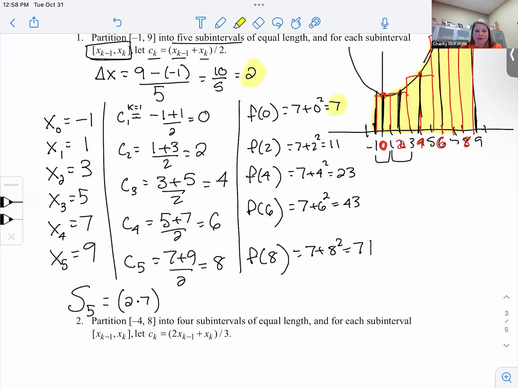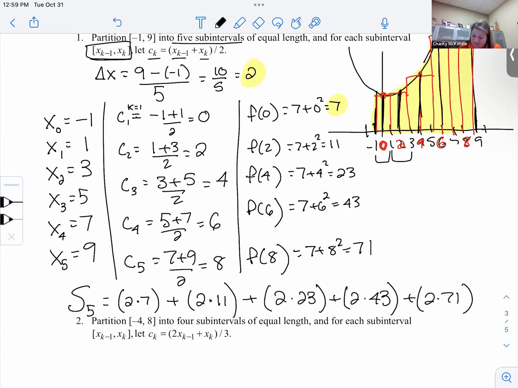And the 7 here. Then we're going to add it to the next rectangle, which would be 2 times 11, right? Because 11 is what we got when we went up at the second spot. And then the next one would then be 2 times 23. And the next one would then be 2 times 43. And the next one is 2 times 71.